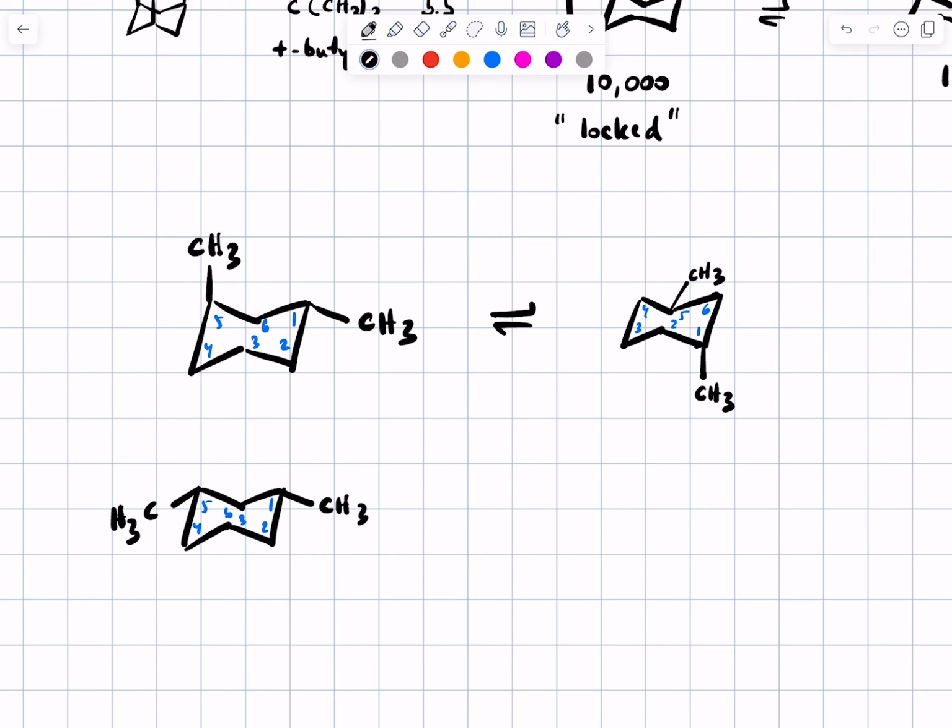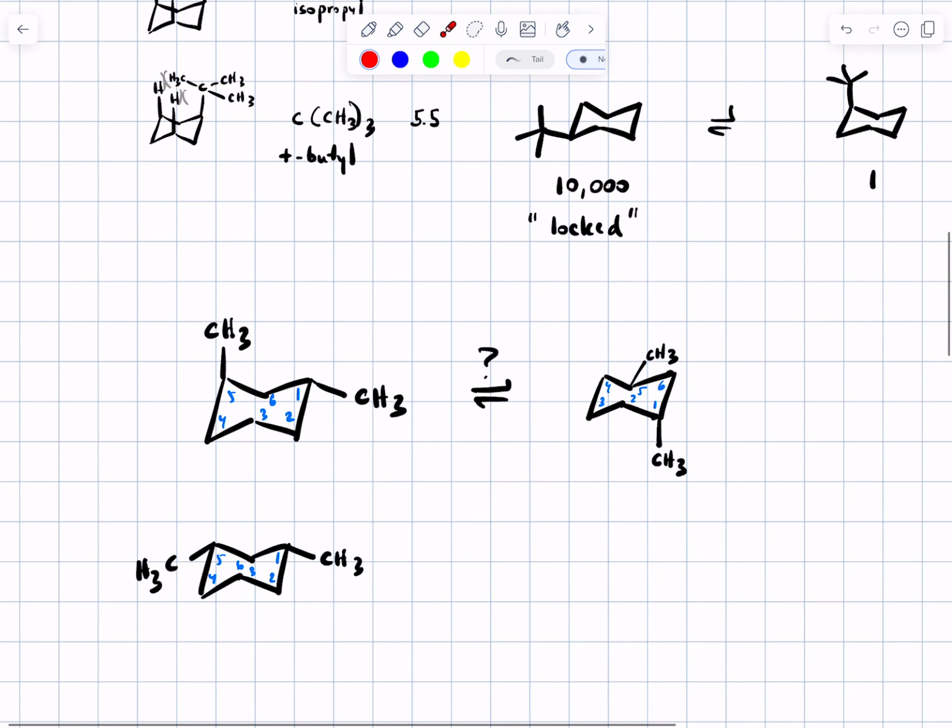So if I were to ask you which of these chairs is most stable, what's the equilibrium constant? Is it favorable or unfavorable? What would you say here? Same. How do you know that? Go ahead. Right, for both of them you've got the same kind of group axial and the same kind of group equatorial.